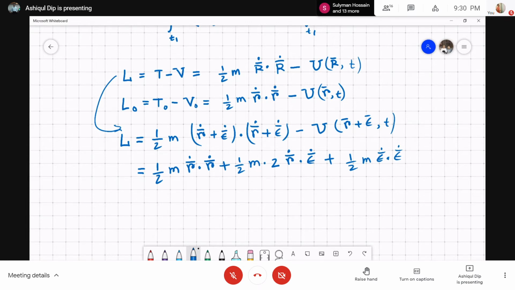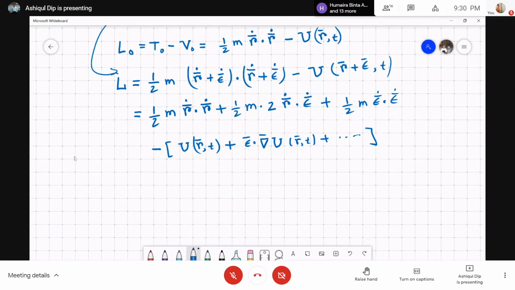Okay, and for the Taylor expansion, for U we can write negative U at r comma t plus epsilon dot gradient U of r, t, plus dot dot dot, where dot dot dot means higher order of epsilon.